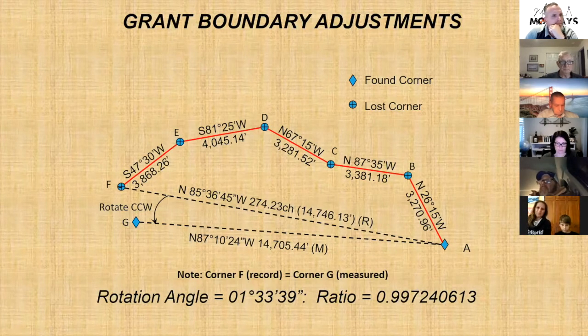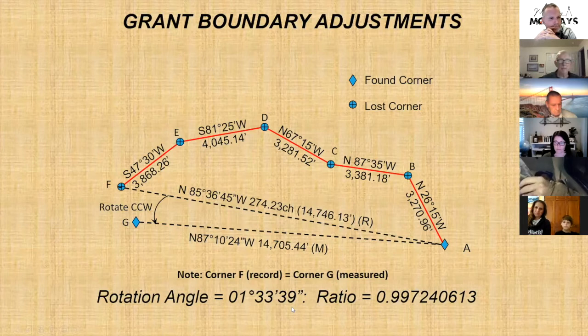So now, if I take north 87 degrees, 10 minutes, 24 seconds west, and I subtract from that north 85, 36, 45 west, I will have a difference of 133.39 unless I made a blunder, and I'm not above that. So you might want to check my arithmetic.